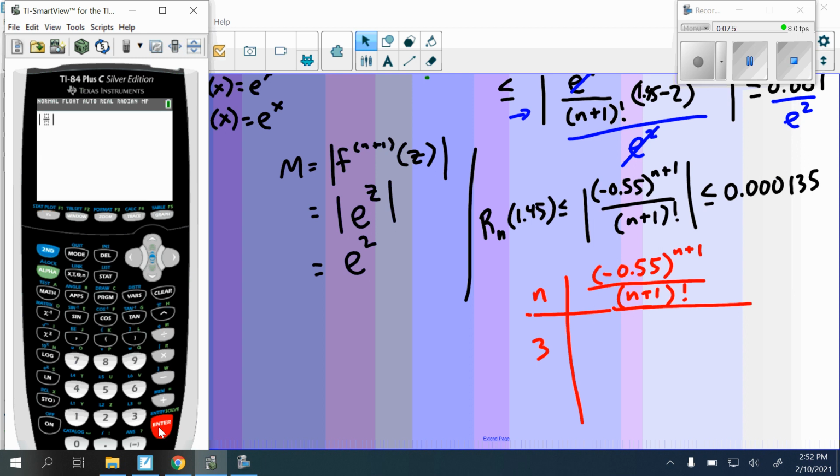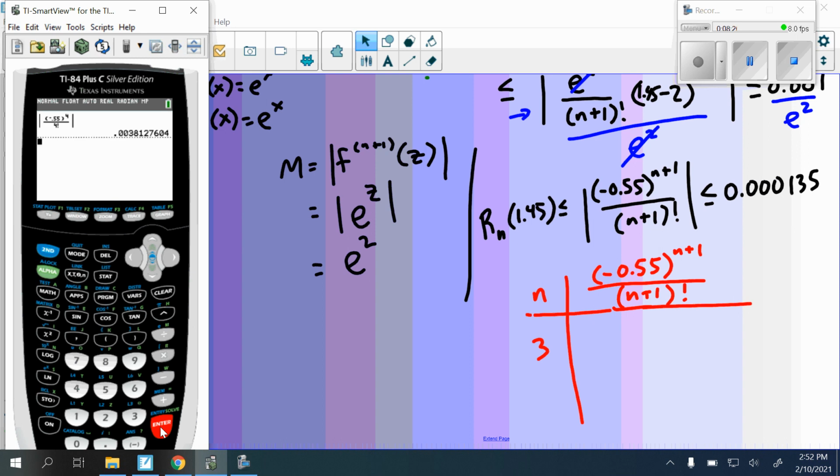So we got negative 0.55 to the power of, we're going to put in 3 here. So if we put in 3, 3 plus 1 is going to end up being power of 4. And then on the bottom, if we put 3, 3 plus 1 is 4. So 4, and then factorials under this probability menu. Put that in there. All right, so let's see what this gives us.